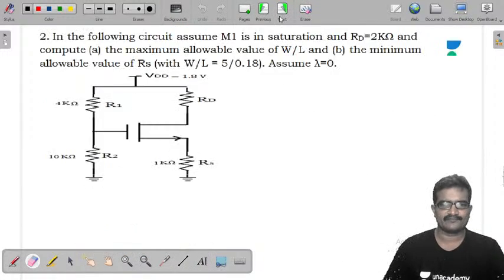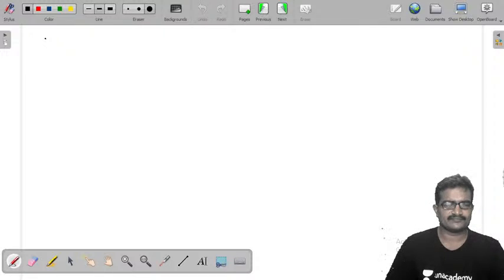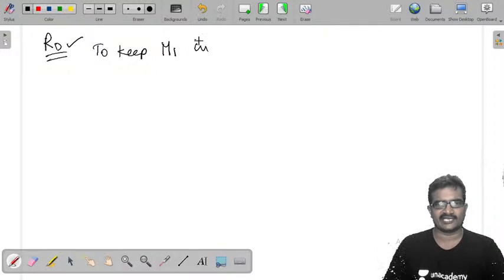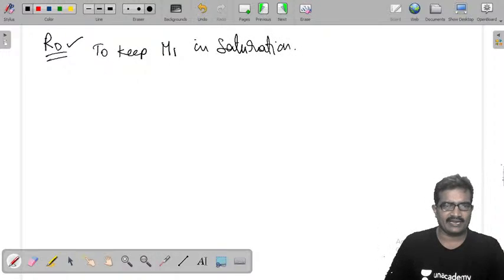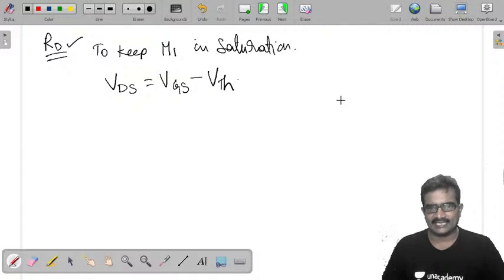The second part I am going to do. So the required value of RD. To keep M1, that means the device M1, in saturation, the requirement is VDS should be equal to VGS minus VTH. And this is our circuit.